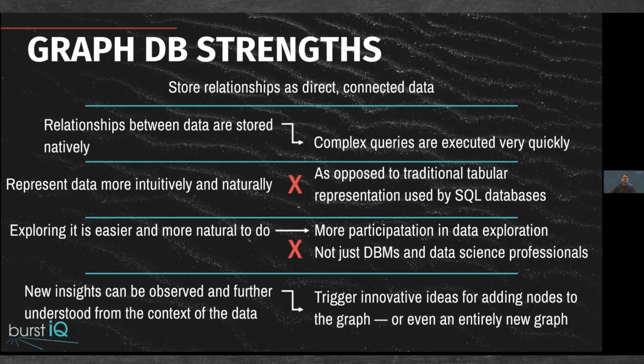The thing it does though, is it allows non-DBAs and data science professionals to use visual tools and write different queries to understand data in ways they couldn't before. And so it's the idea of narrowing the bridge between data science and data consumers. And graph databases have a lot of technologies there. We won't get into that quite today. That's a whole other fun topic that we can explore sometime.